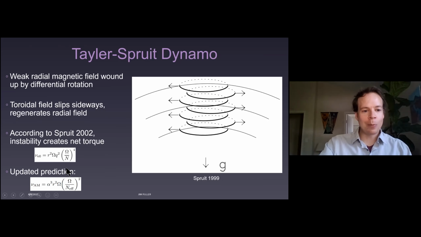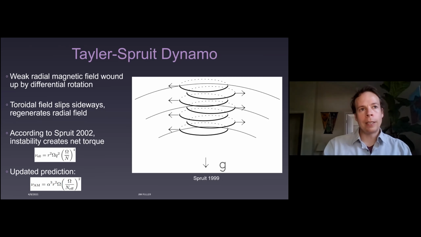So I have a long paper discussing what might happen. But to first order, what we think happens is that there are nonlinear damping processes that basically prevent this instability from growing too large. And when you slip this field sideways, it regenerates the radial magnetic field.